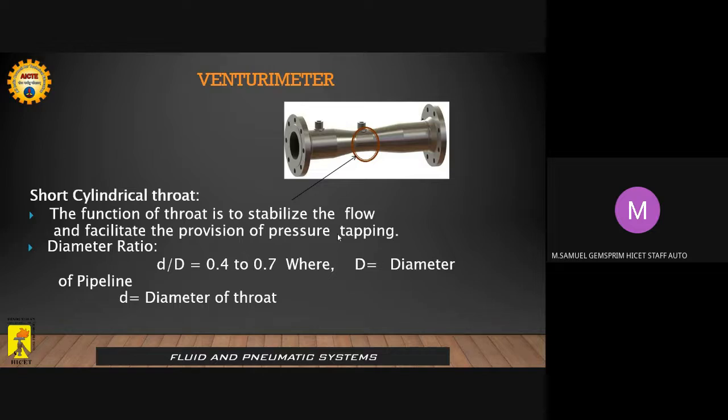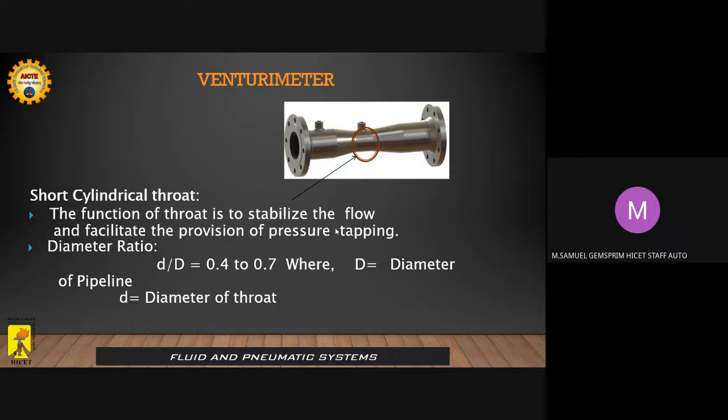In order to ensure this, we have this short throat area. Here the reduced cross section, which in turn changes the pressure and velocity, gets settled in this throat area. The throat is normally based on the ratio d by D. Small d is the diameter of the throat, capital D is the diameter of the pipe or inlet. This should be between 0.4 to 0.7.